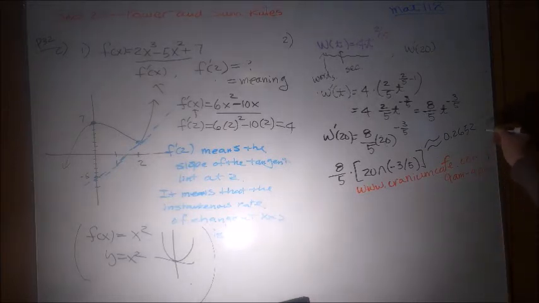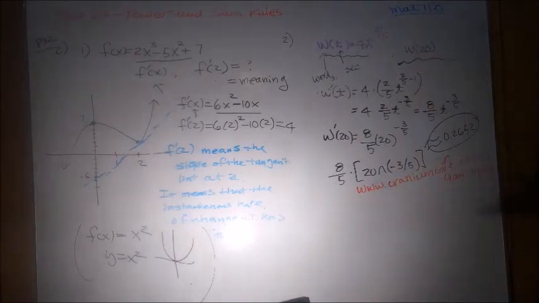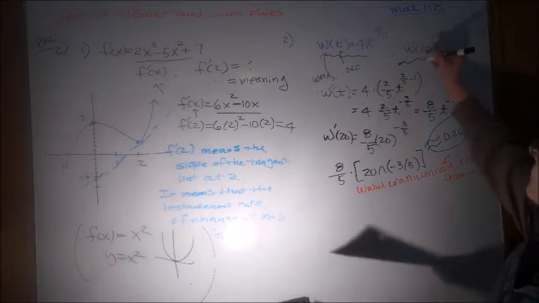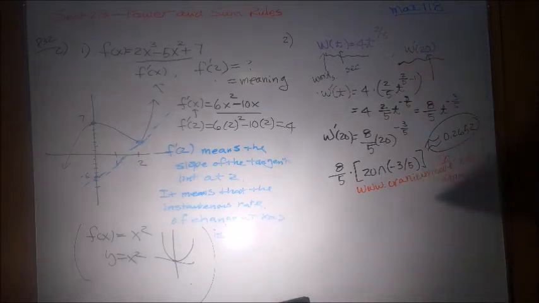Okay? So once you get an answer, then what do we try to do for the question? It says find and interpret. What does this W prime of 20 mean? So it says, suppose the number of words remembered after t seconds. That means the number of words you will remember after 20 seconds, right?